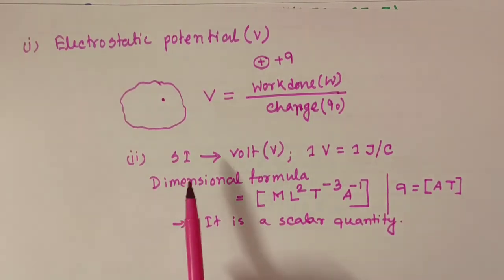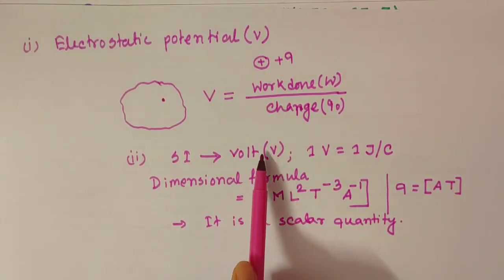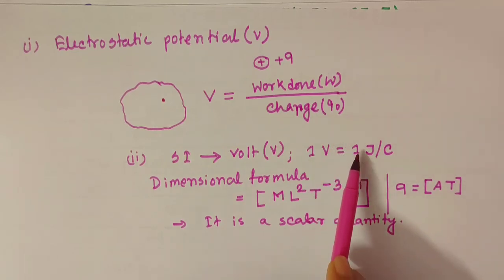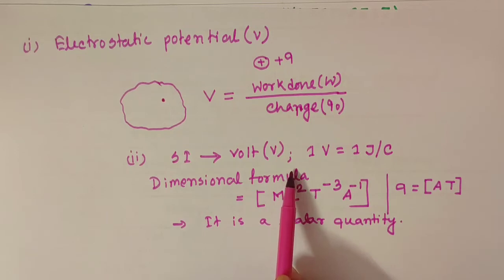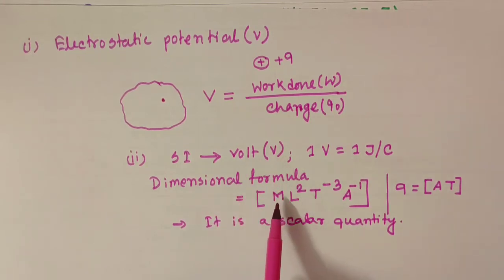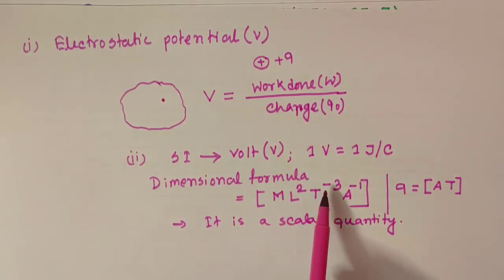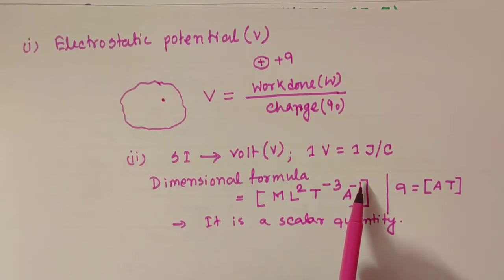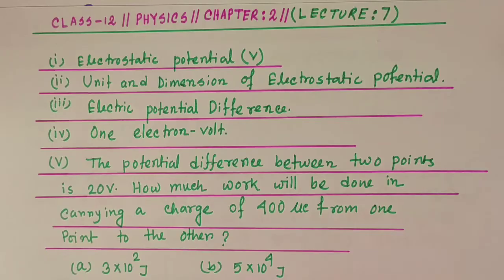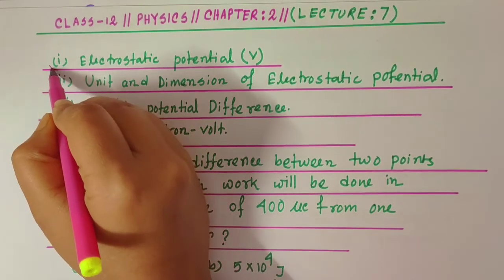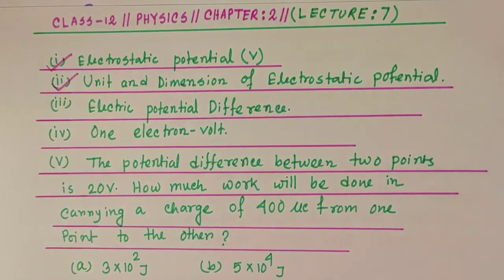So, SI unit of electrostatic potential is volt, and 1 volt is equal to 1 joule per coulomb, and dimensional formula for electrostatic potential is M L square T to the power minus 3 A inverse, and it is a scalar quantity. Clear? So, we complete these two topics.